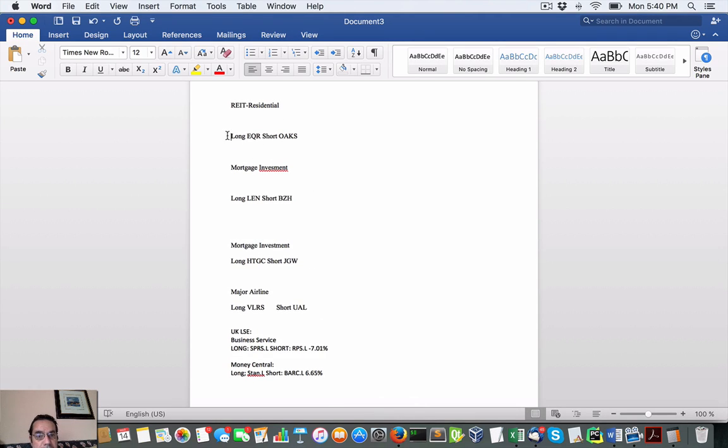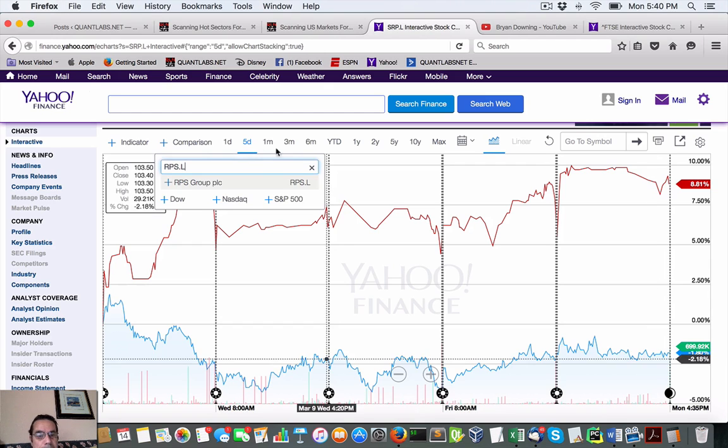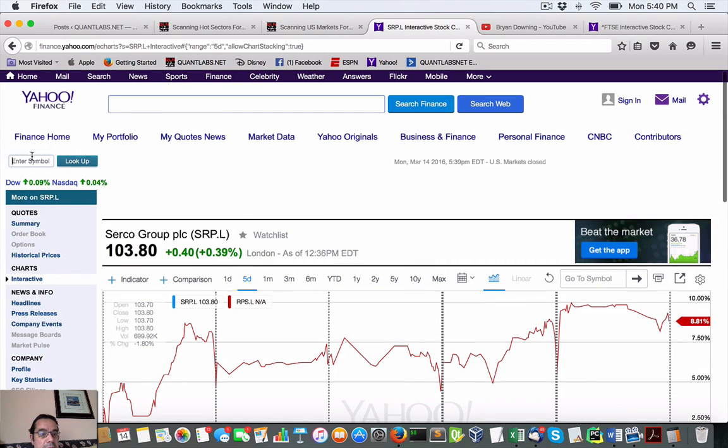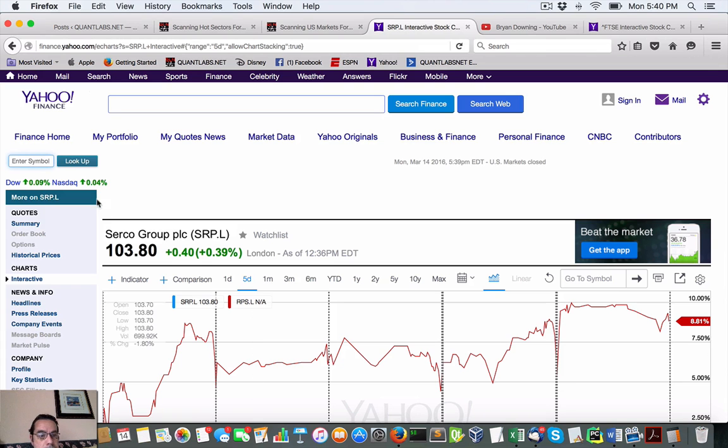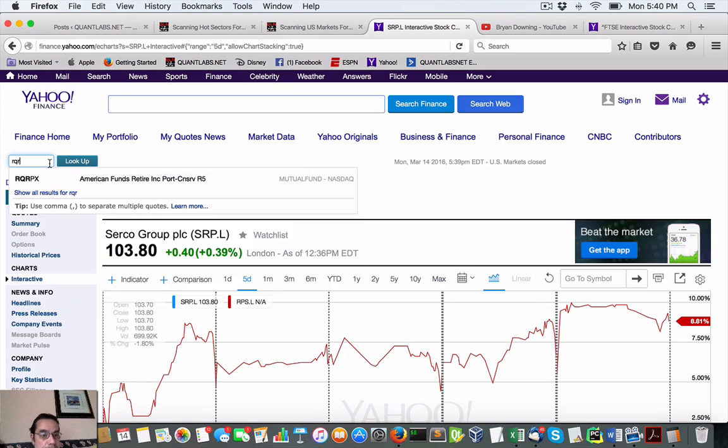So let's take a look at the first one, residential REIT: our long is EQR, our short is OAKS. Okay, so let's start again. We are looking at our long of EQR. How did this do?